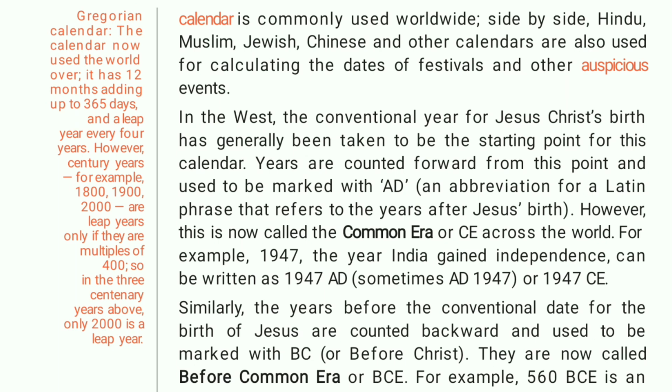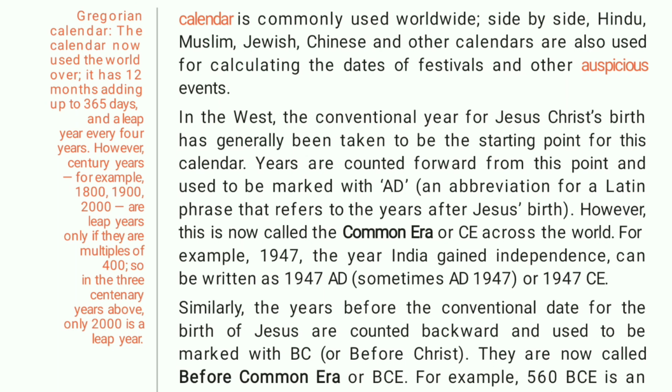In the West, the conventional year for Jesus Christ's birth has generally been taken to be the starting point for this calendar. Years are counted forward from this point and used to be marked with AD, an abbreviation for the Latin phrase that refers to the year after Jesus' birth.